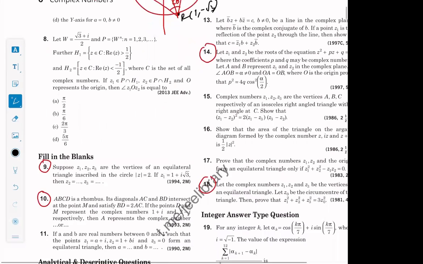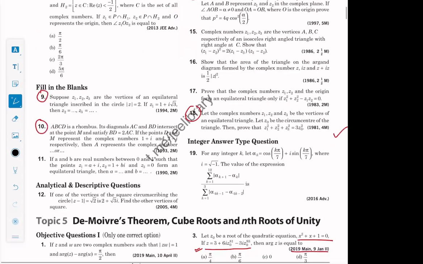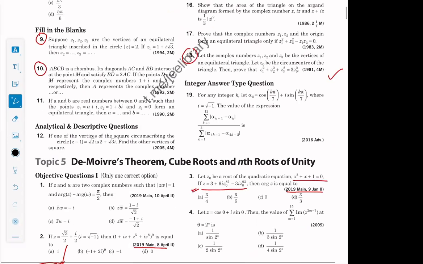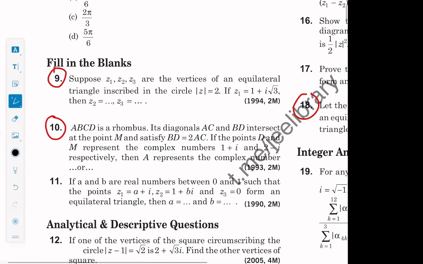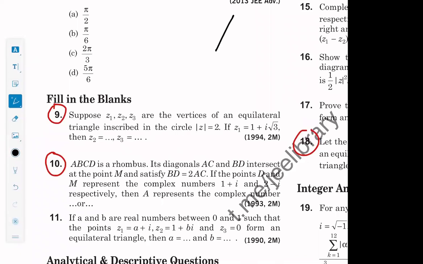Question number 10. ABCD is a rhombus. Its diagonals AC and BD intersect at the point M. So let me draw one rhombus here, ABCD.